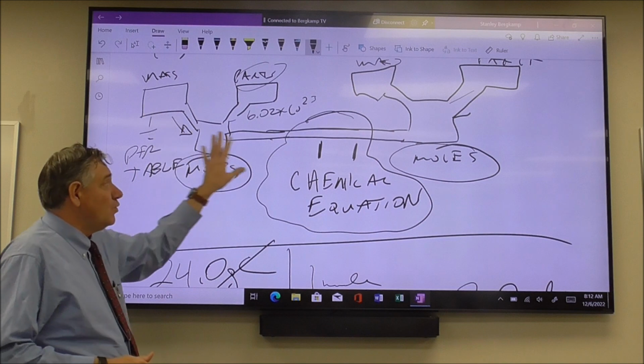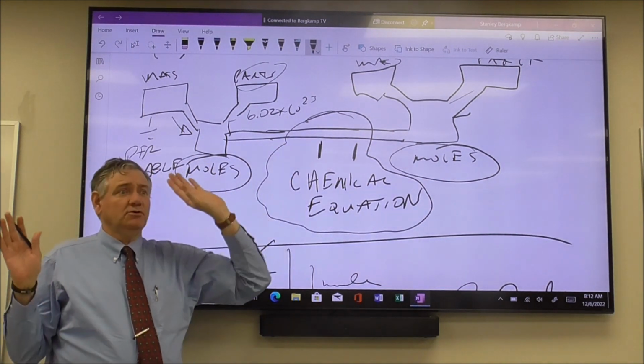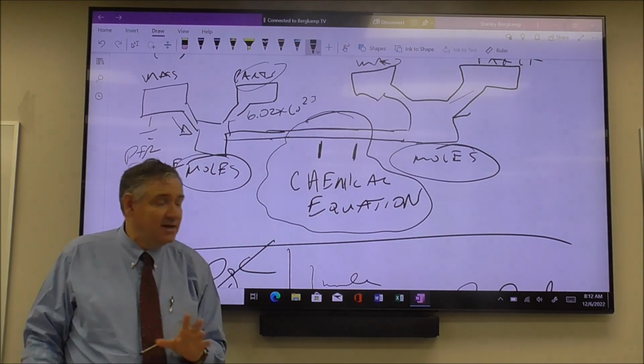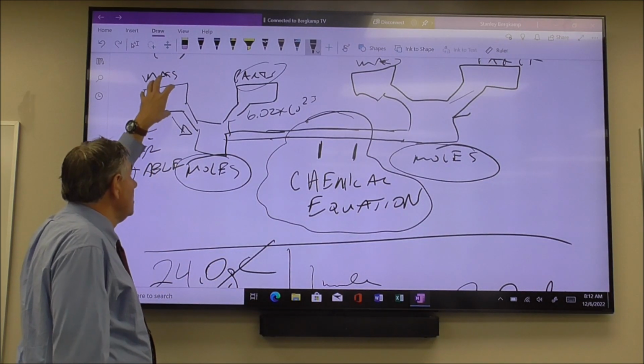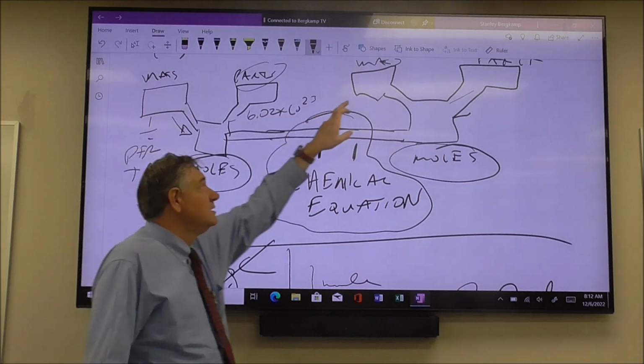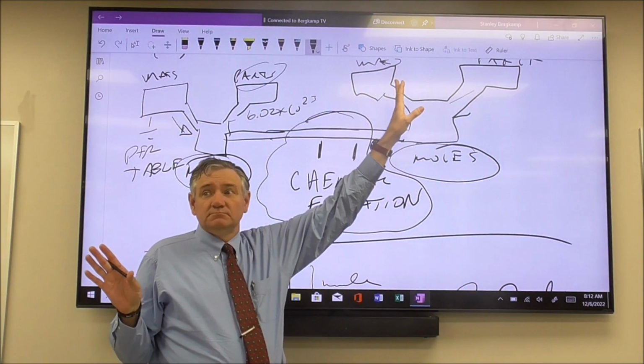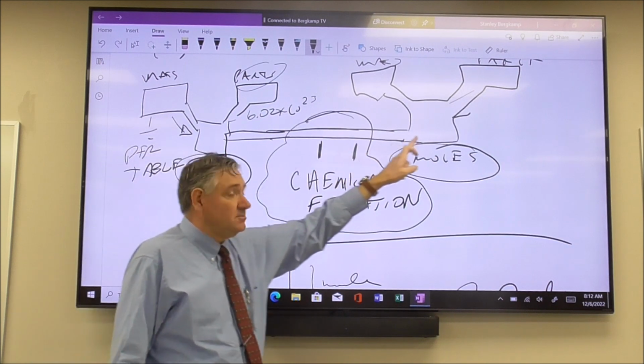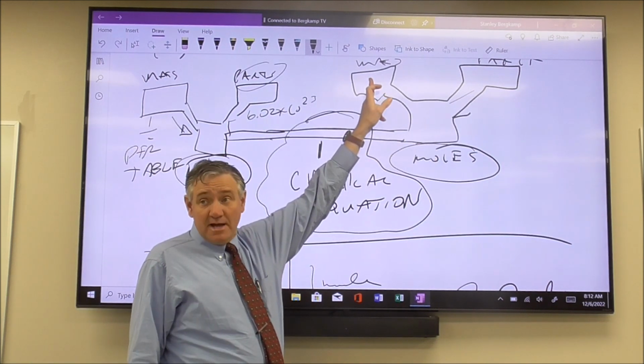If you want to draw this out, it's cool. Some people like this visual approach. But here's what I want you to see: there's no way to go from here to there. You can go from mass to moles, you can go from moles to moles, and then you can go to mass.